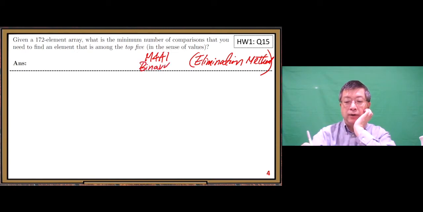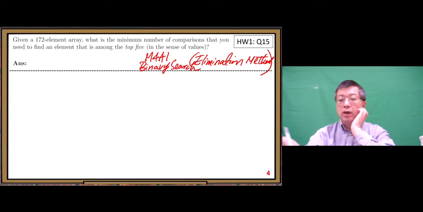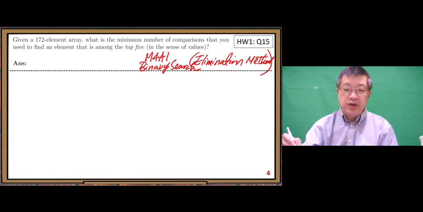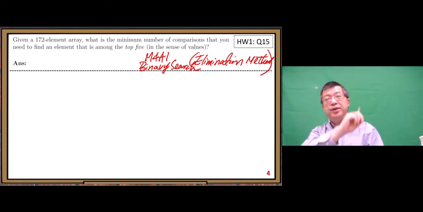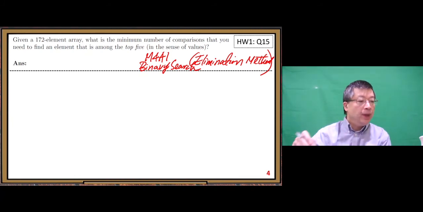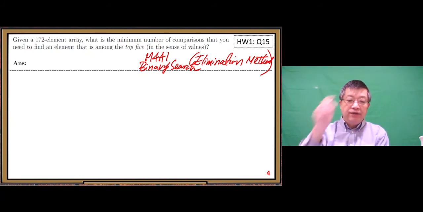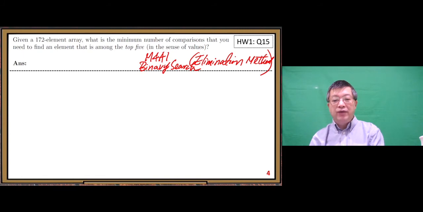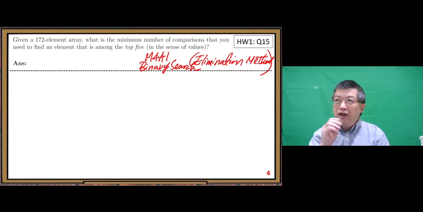There, we use the elimination method. Here, we try to extend that idea. Okay, first, when you have a question like this, we want to simplify it.